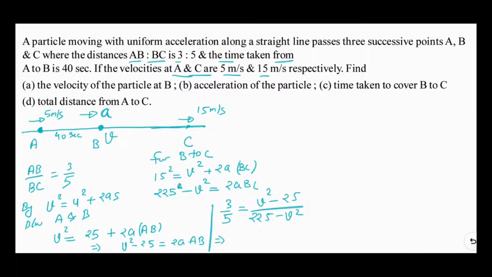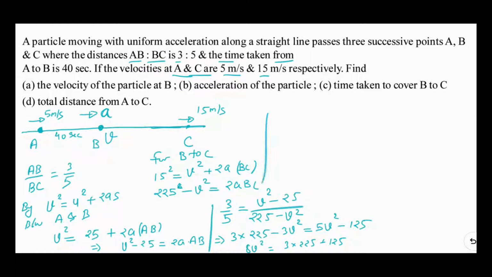Okay, so let me solve this for you further. 3 times 225 minus 3V square is going to be 5V square minus 5 times 25, which is 125. So 5V square plus 3V square is going to be 8V square on the LHS, and it is going to be 3 into 225 plus 125.